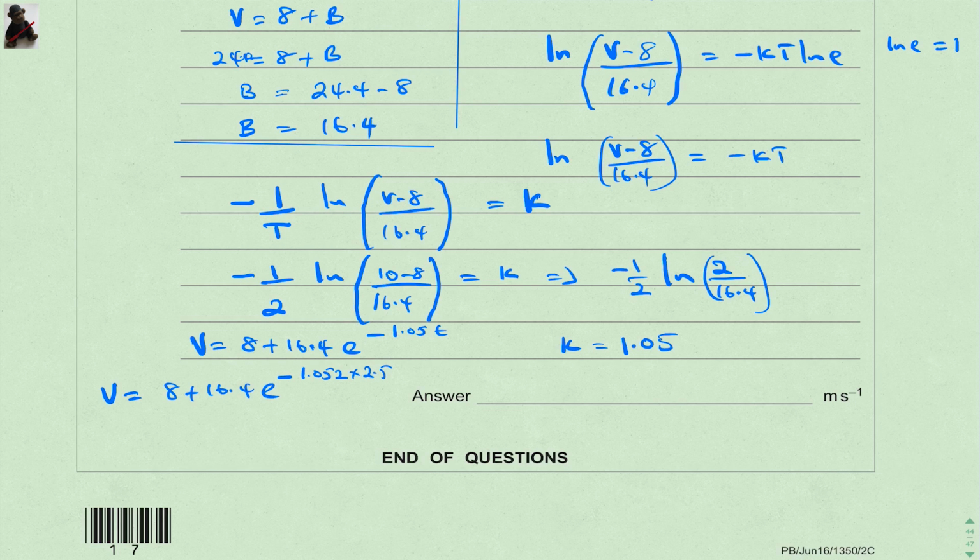So t is 2.5 in this case. So I do 1.05 times 2.5, and let's take minus in there.